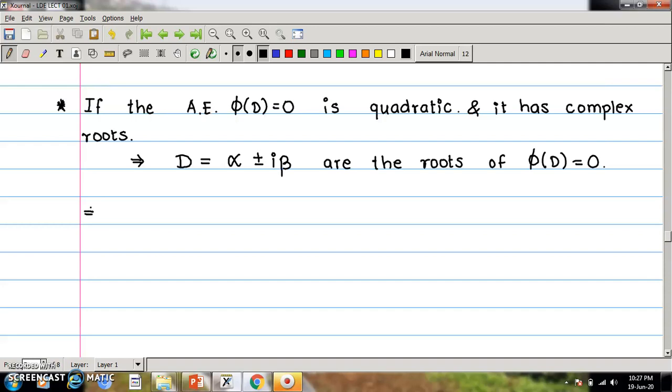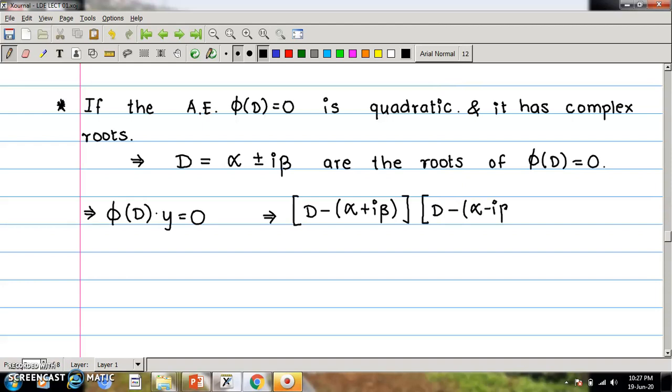So this implies the given differential equation phi of D y equal to 0 can be written as (D minus first root alpha plus i beta) and (D minus second root alpha minus i beta) into y equal to 0. From these two linear factors we can operate on y one by one.